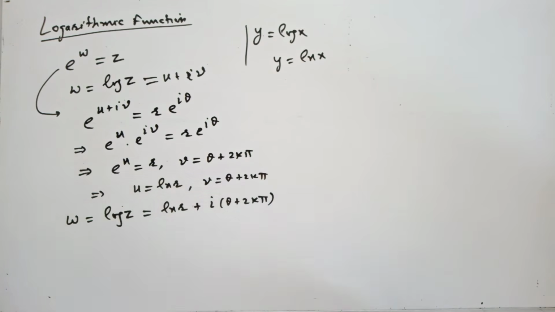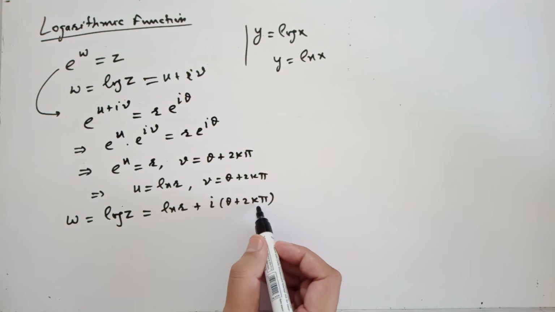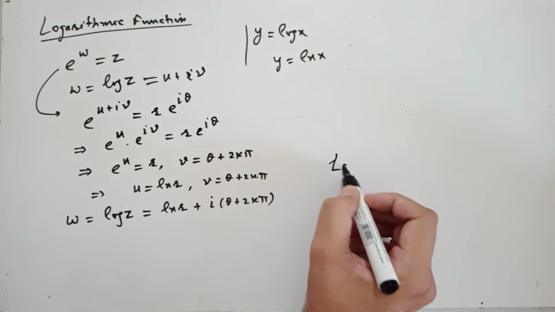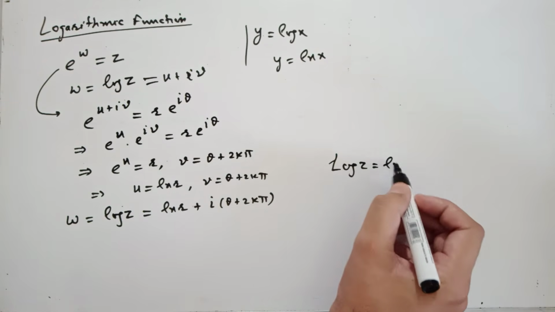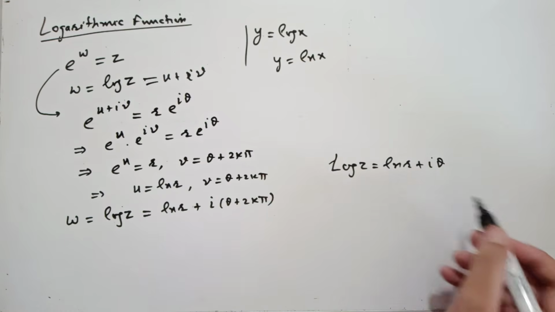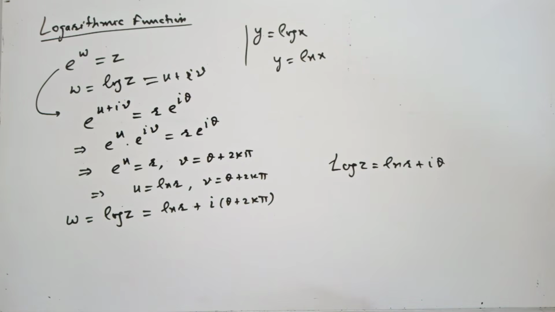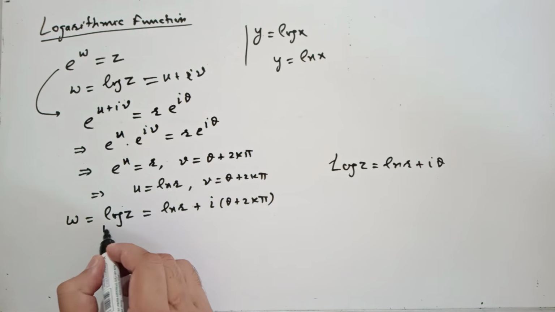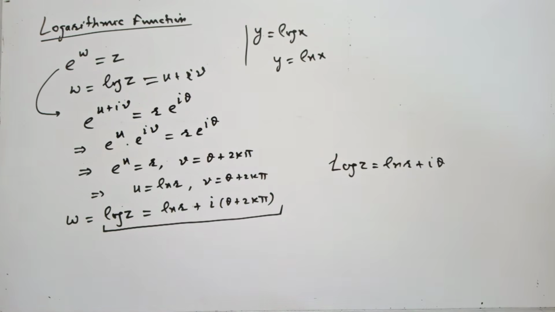Because k is an integer here, that means logarithm is a multiple valued function. In particular, if you choose k equal to 0, then it is the principal branch and it is denoted by Log z. Log z is ln r plus iota theta. Theta as usual varies in the interval minus pi to pi. Got it? So this is the formula to get logarithm of a complex number z.